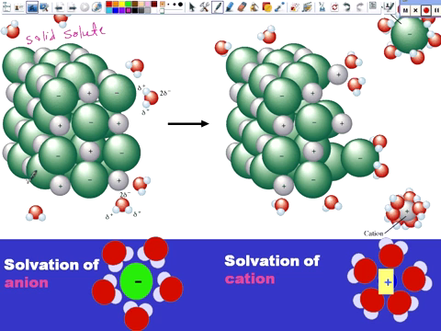Eventually, you're going to have these water molecules attacking it, pulling it away and separating it out. Do you think this is where concentrations can change? Yes. The more solid solute particles you have floating around, the higher the concentration you have. And so this is how molarity can also be affected.